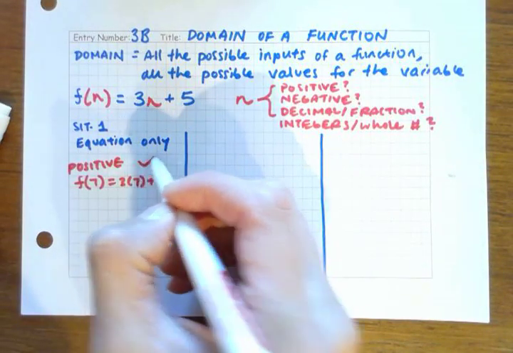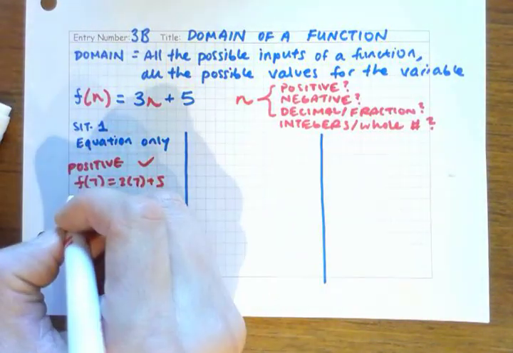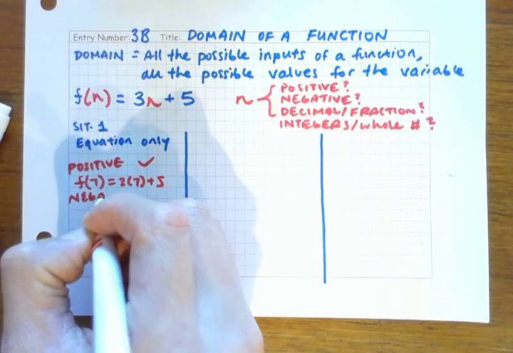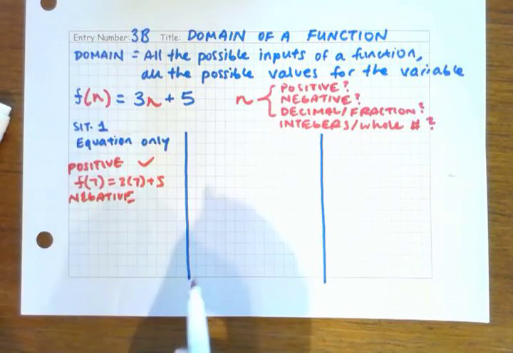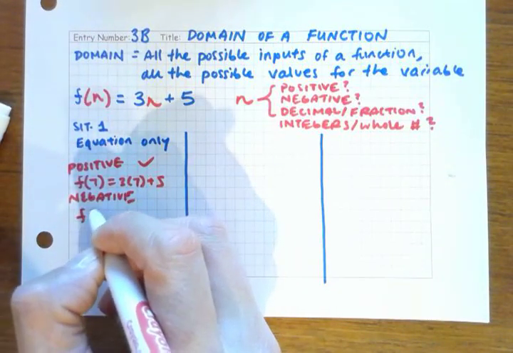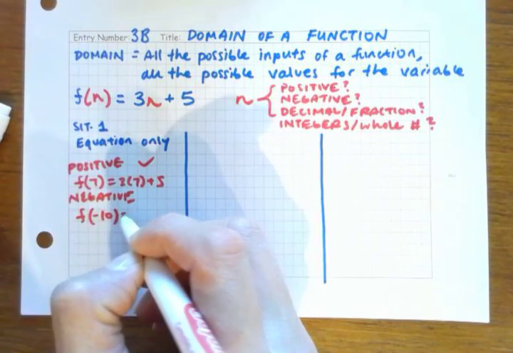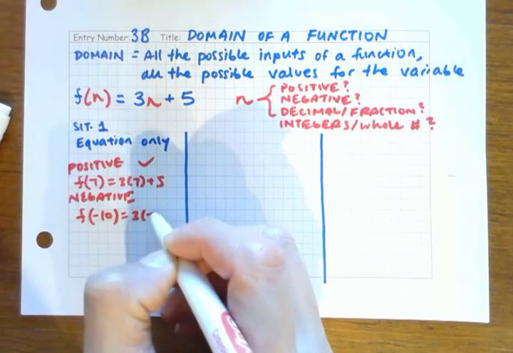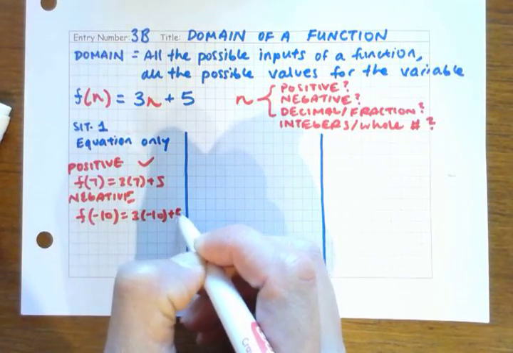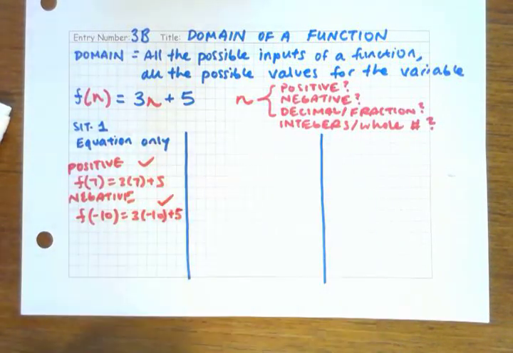That works. So we can have positive numbers. Can we have negative numbers? Well, if you had f of negative 10, for example, you could do 3 times negative 10 plus 5. That works. So negative numbers work.